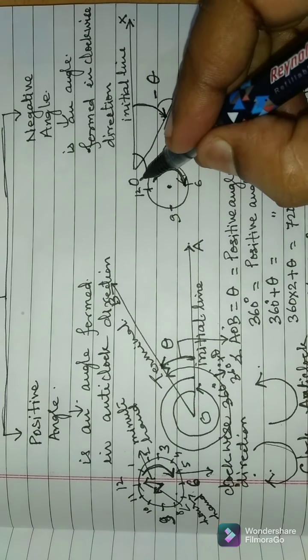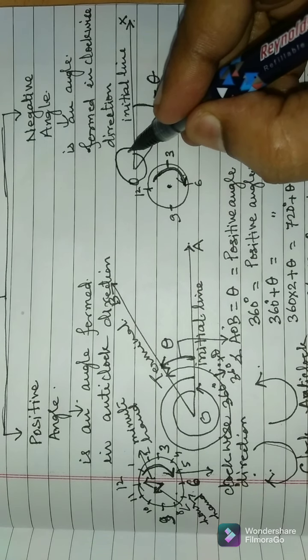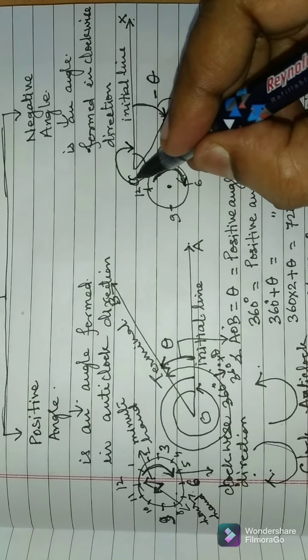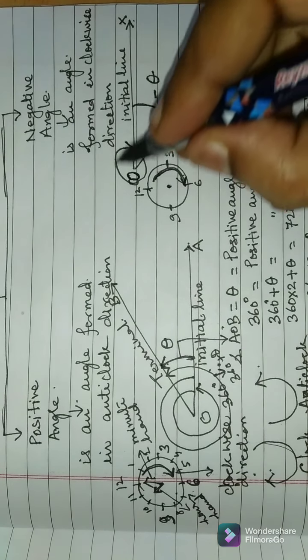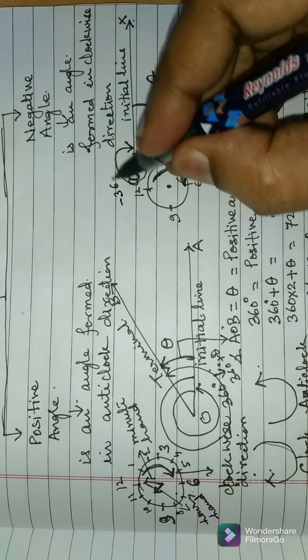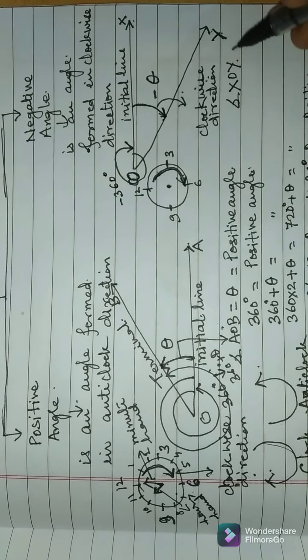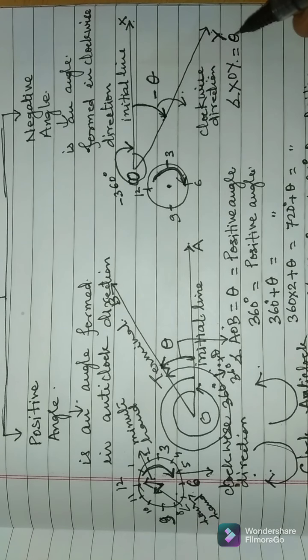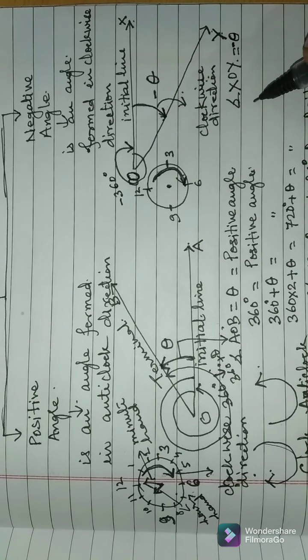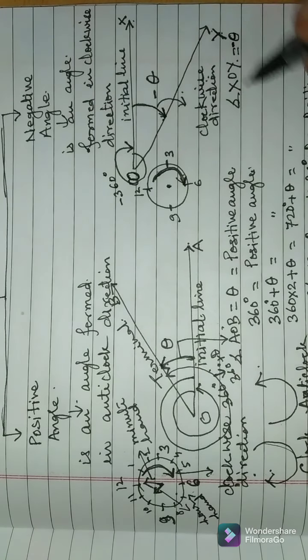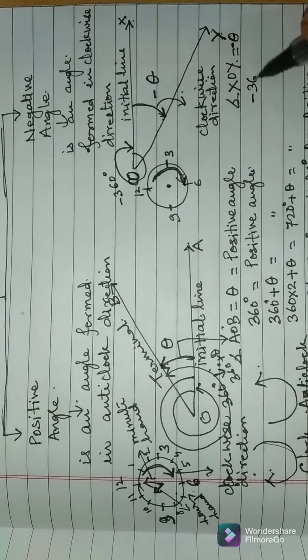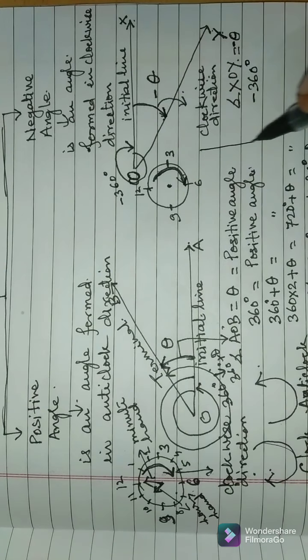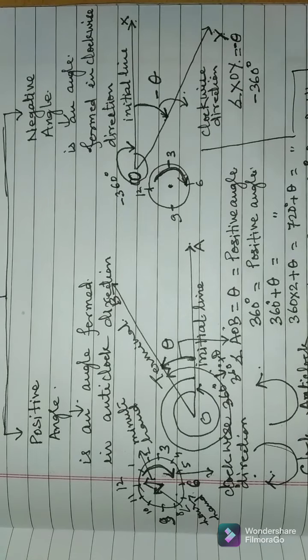If it is rotated through a full rotation, then it is minus 360 degree. So this is a negative angle.